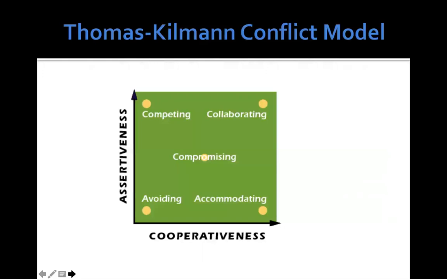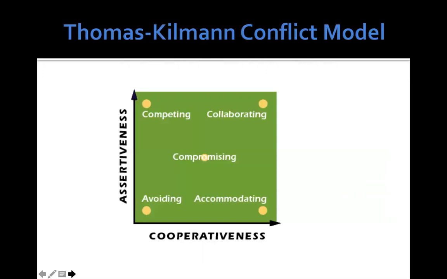So if you avoid, you're going to be low on both. If you're competing, you're high on assertiveness and you put your needs first. For those of you who put others' needs first, you're going to be higher on cooperativeness, and you're going to be more accommodating if you put yourself low and others high. And if you have high cooperativeness and high assertiveness, then you're going to be more collaborating. And then there's compromising, where it's in the middle.